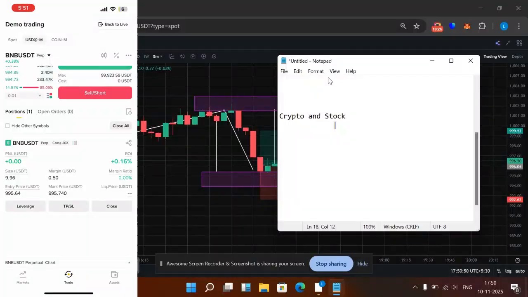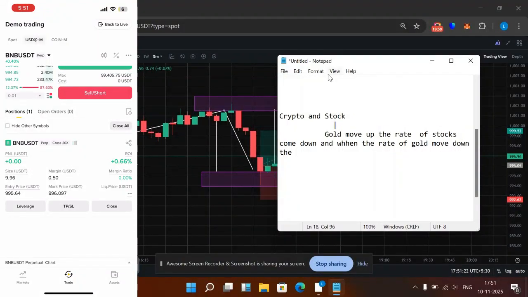Keep in your mind if you are going for stock trading, that when gold moves up, the rate of stock comes down, and when the rate of gold moves down, the stock moves up.